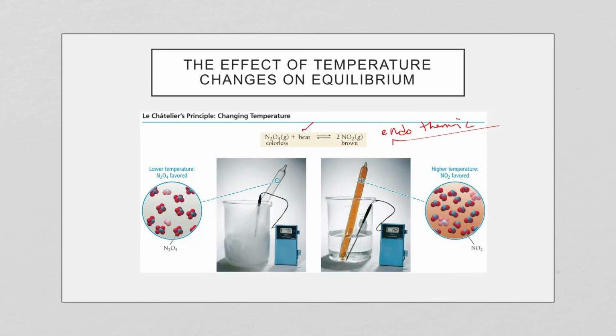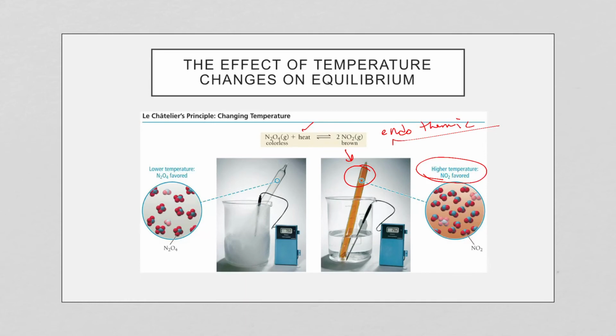If I raise the temperature over here, to a higher temperature, that's going to push the reaction to the right, and we see the brown gas indicative of the NO2 product.